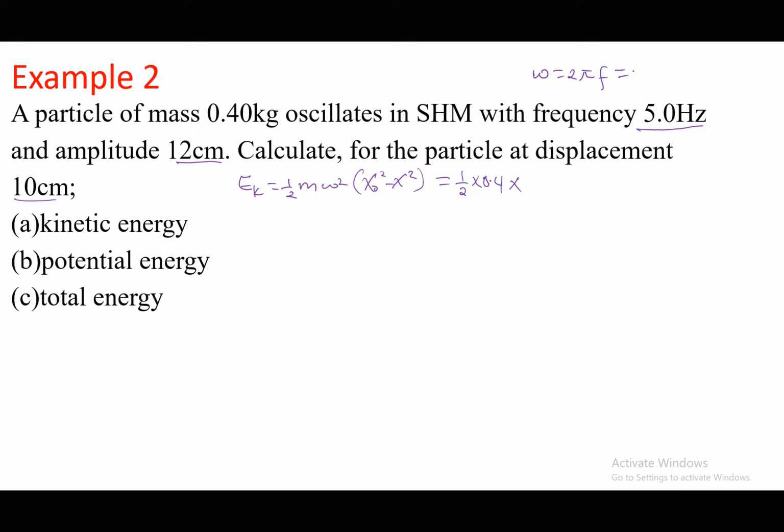So omega is going to be 2 pi times 5, which is 10 pi radians per second. So I'll just simply say times 10 pi, but this is squared, into x naught, which is 0.12 squared, minus, at a displacement of 10 centimeters, 0.1 squared.